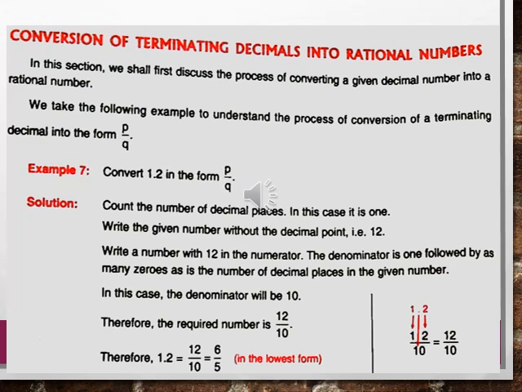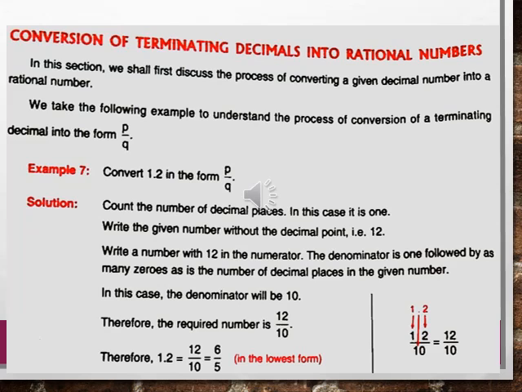And then in the denominator we will write 1, and the decimal place is 1, so put one 0 beside 1. So the denominator will be 10. Therefore the required number is 12 upon 10, and 1.2 we write as 12 upon 10.